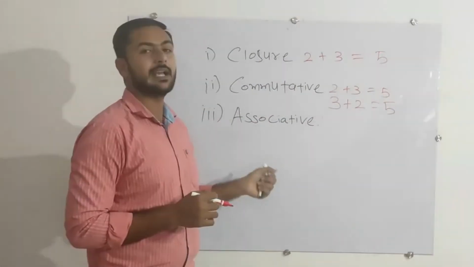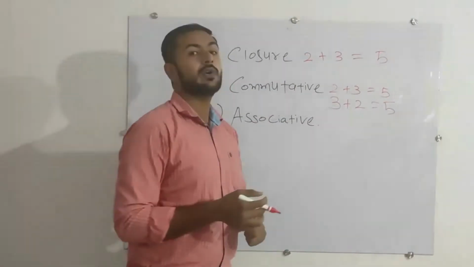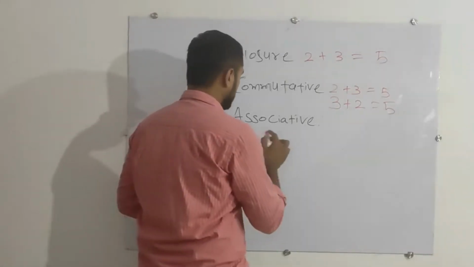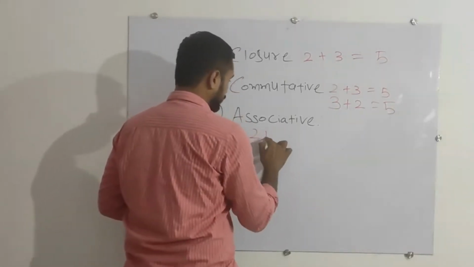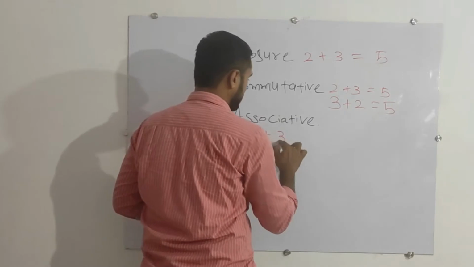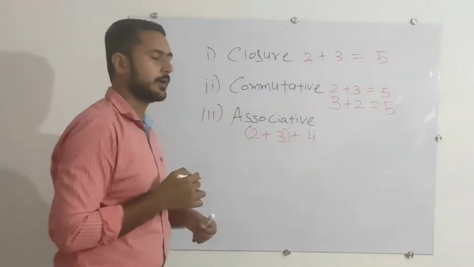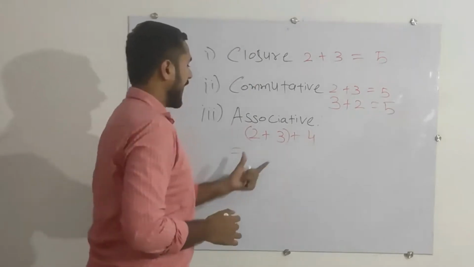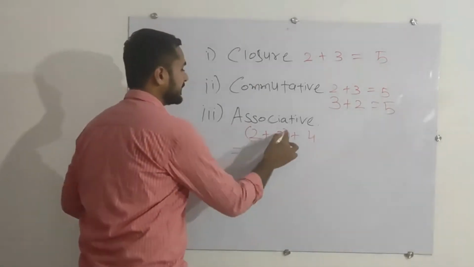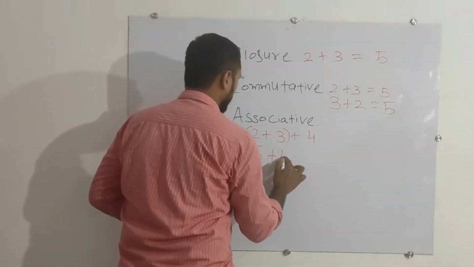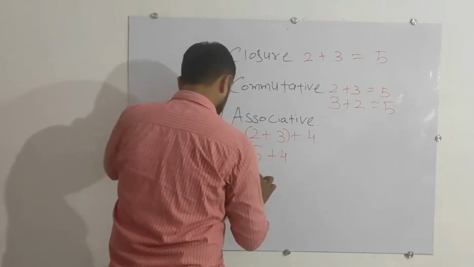And the last one was the associative. In associative, we were just making groups of the numbers. Like if I select three numbers, 2 plus 3 plus 4, here I have to select the group. So how will I do it? I will first of all solve this bracket. So 2 plus 3, that is 5, plus 4, that is 9.